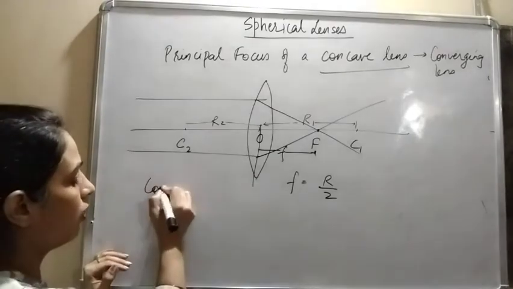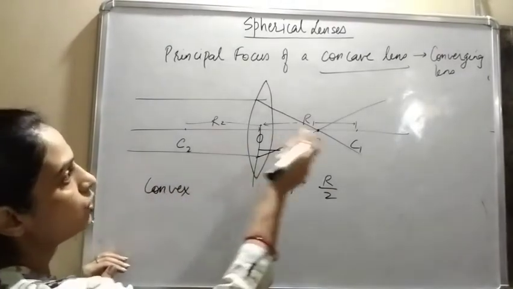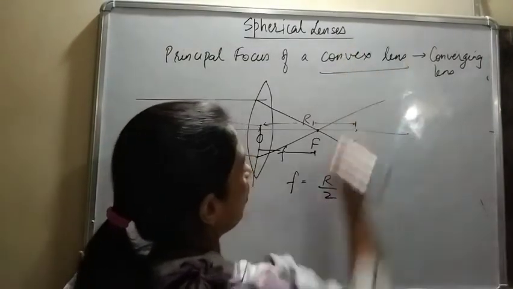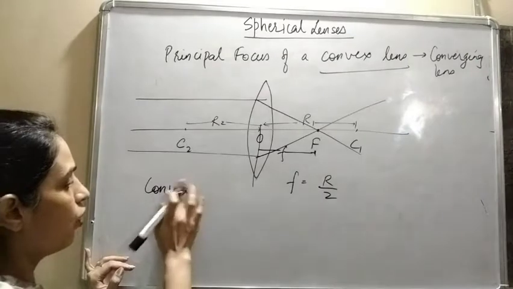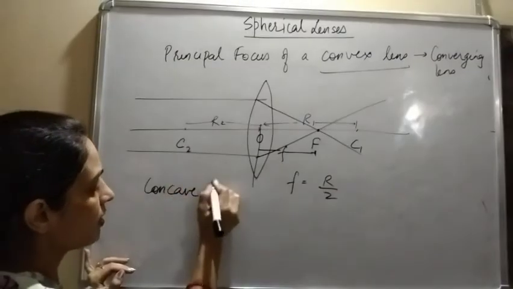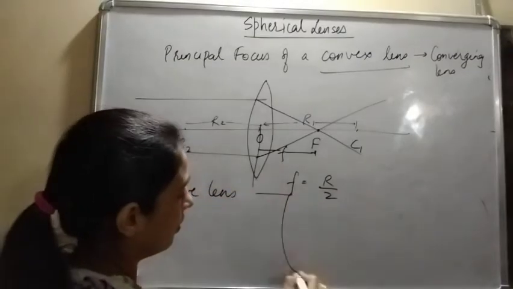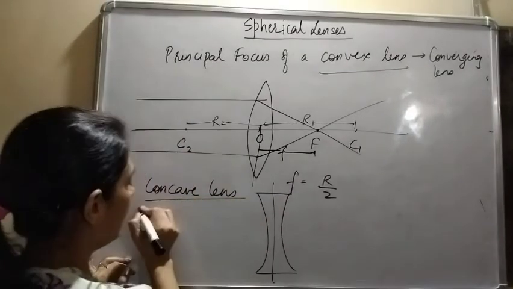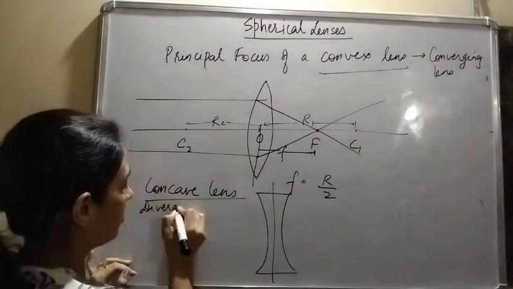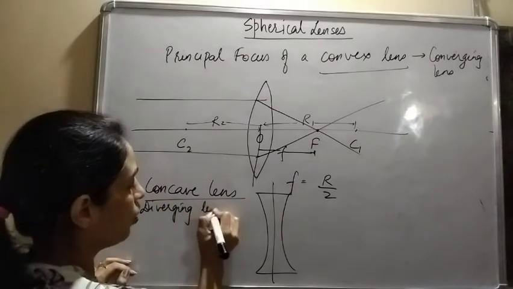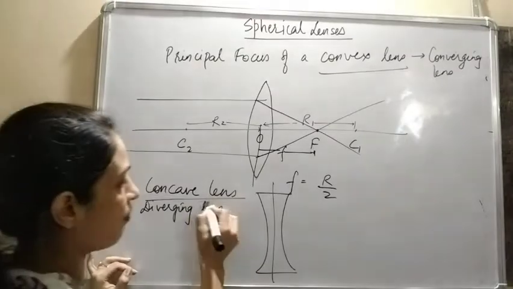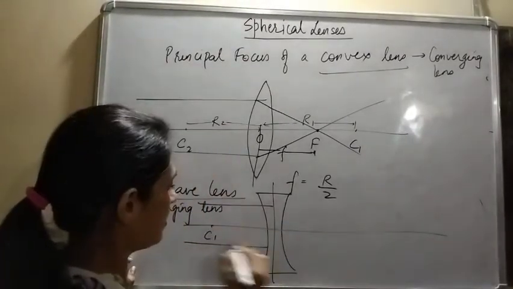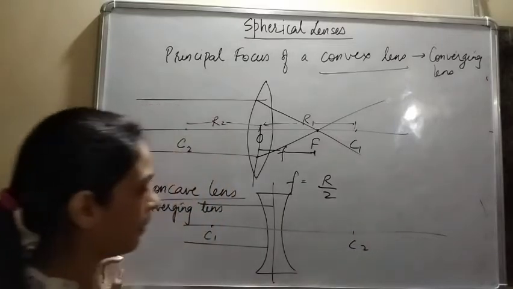Similarly, for a concave lens, I'm sorry, the previous one was a convex lens. A convex lens is a converging lens. A concave lens is called a diverging lens. This is the principal axis, this is C1, this is C2 for example.